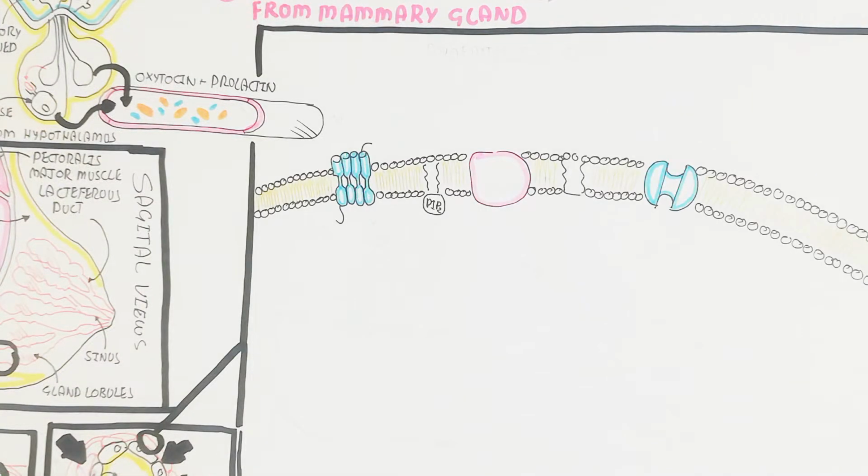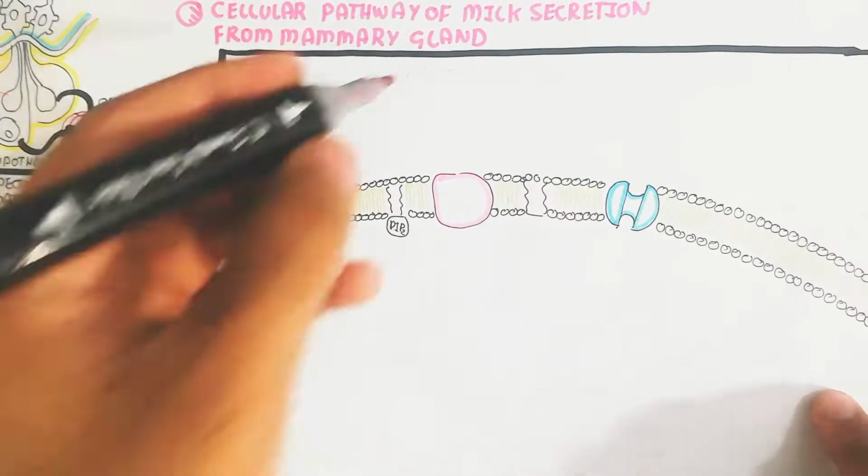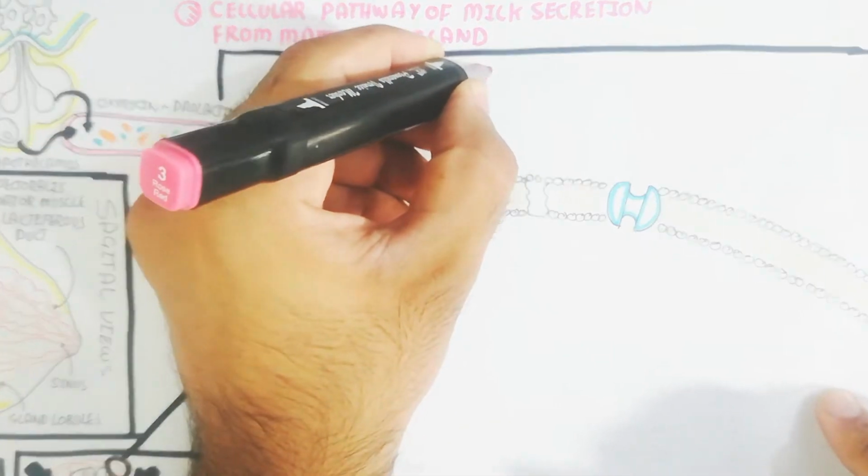Anyhow, let's begin to understand the myoepithelial cell pathway. The myoepithelial cell is used for the contraction of the lobule.